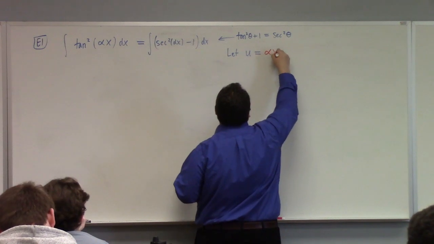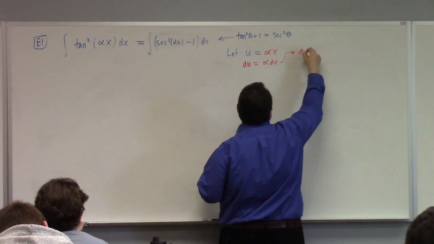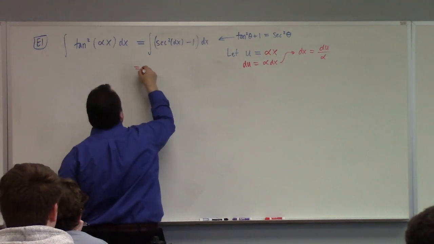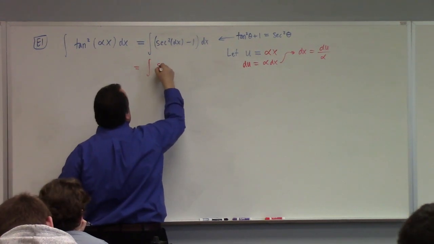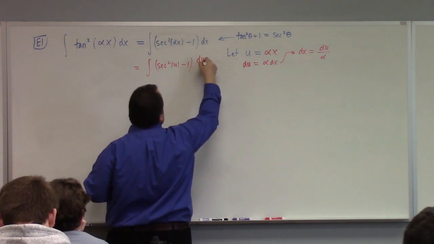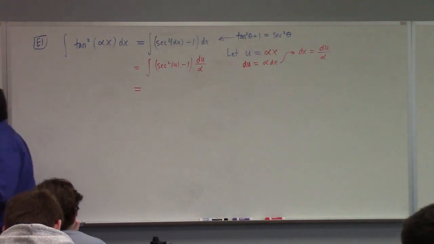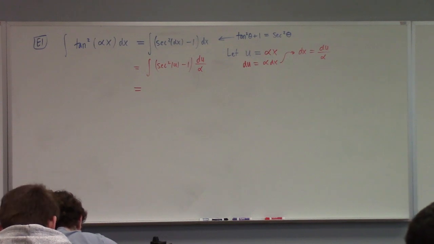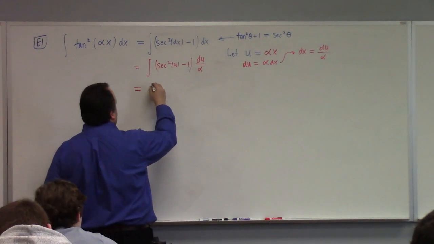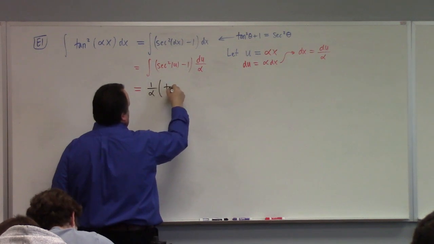If u is alpha x, then du is alpha dx, or dx is du over alpha. So we have the integral of secant squared u minus 1 times du over alpha. And that we can just integrate. So we got 1 over alpha, parentheses, the integral of secant squared is tangent.